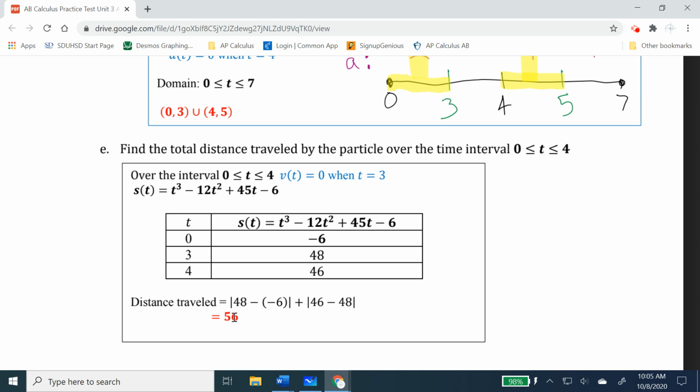If it was 0 at, I don't know, 35 fourths, then you would have to plug 35 fourths into the time of the position function. So you don't want to look at it for every single time, only the times when velocity is 0 and the beginning and end of the time interval. Don't add in more times. The AP test will not like that if they see that's what you're doing.